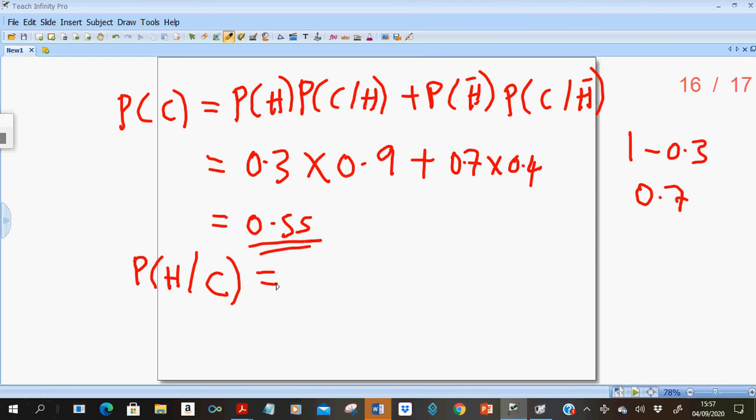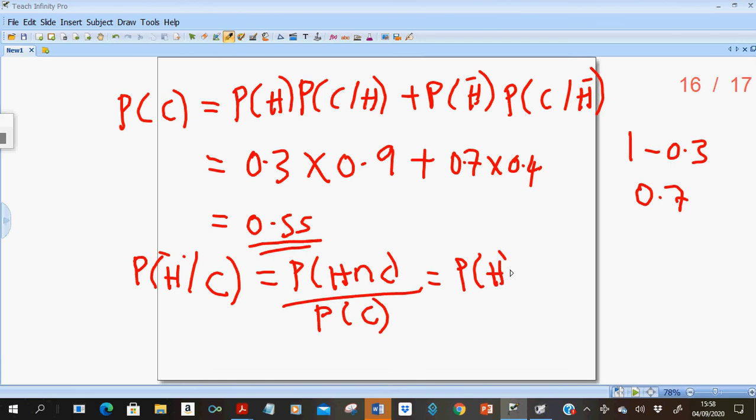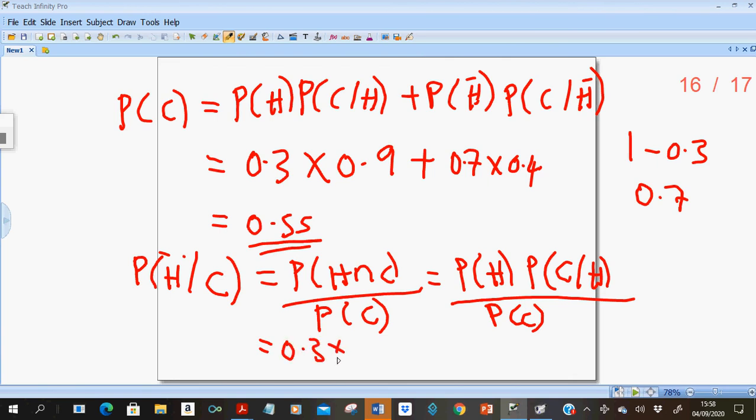This is just the probability of H intersection C over the probability of C. We already have the probability of C. So we have the probability of H multiplied by the probability of C given H, over the probability of C. This gives us 0.3 times 0.9 over the answer that we just found, and it will give us 0.49.